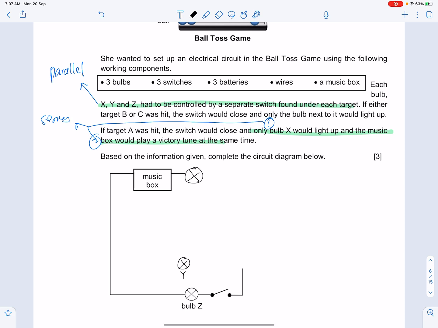Reason being that bulb X and the music box should run in series right next to each other. Now after that, I know that they need to be parallel to each other, so I'm going to draw in the parallel lines.